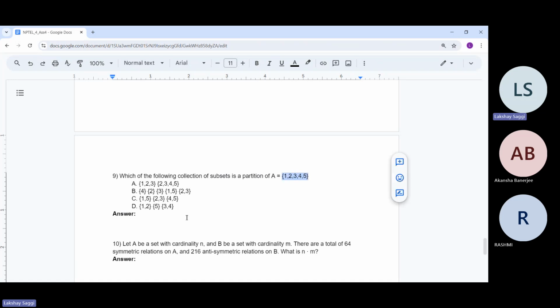So first of all, even if everyone does not remember, I'll just write it down for you guys. What do we actually mean by partition?